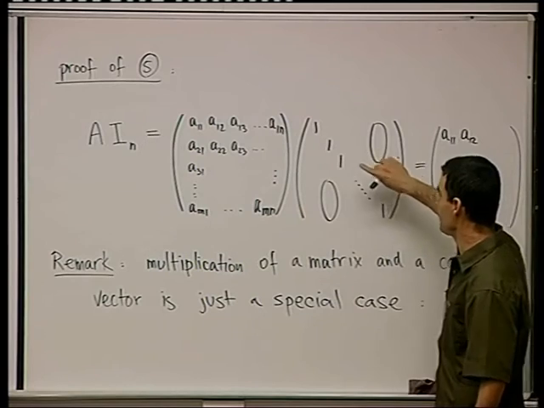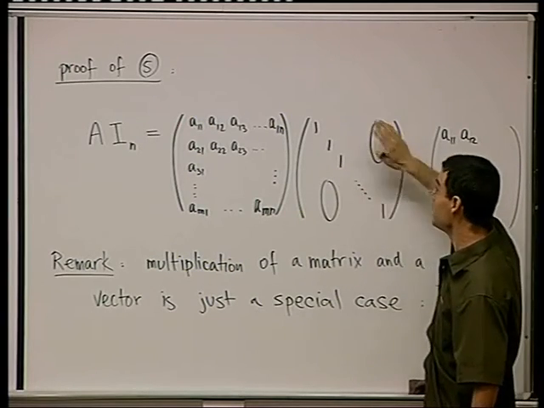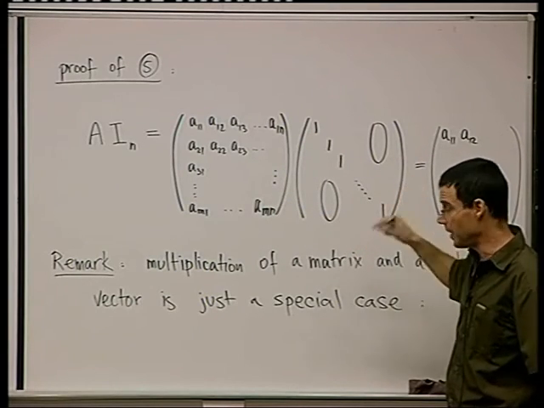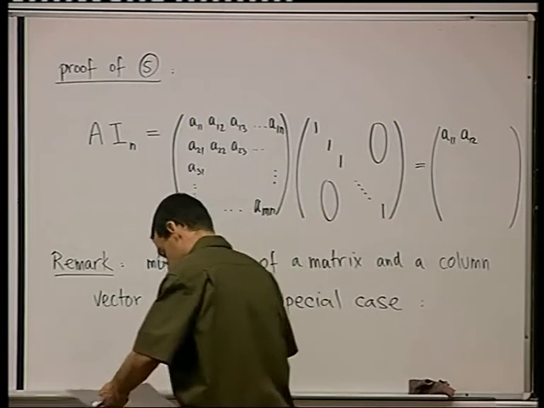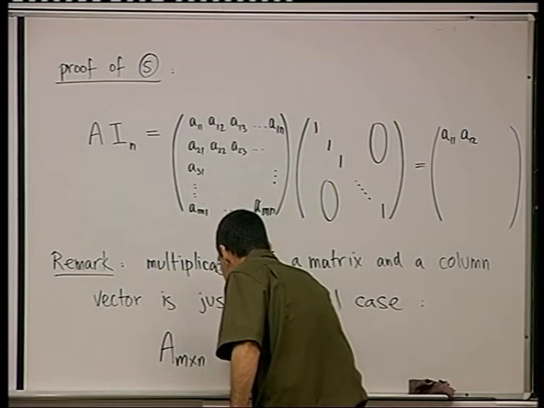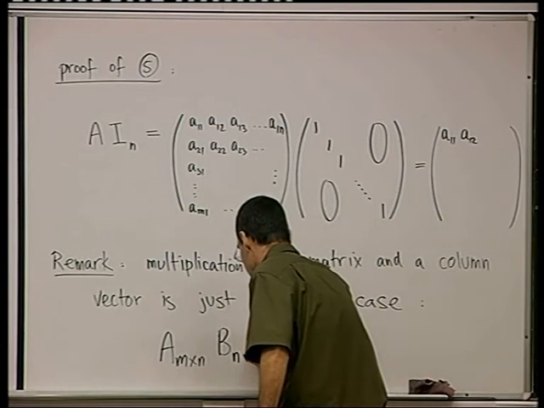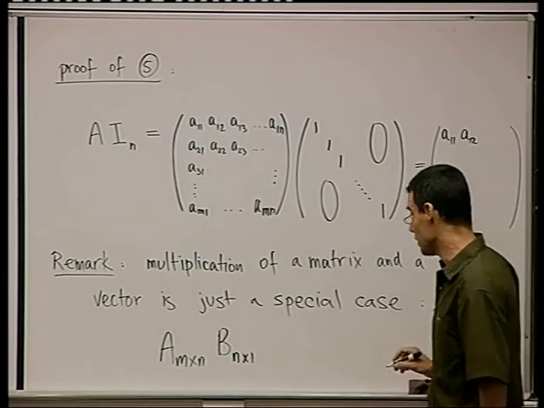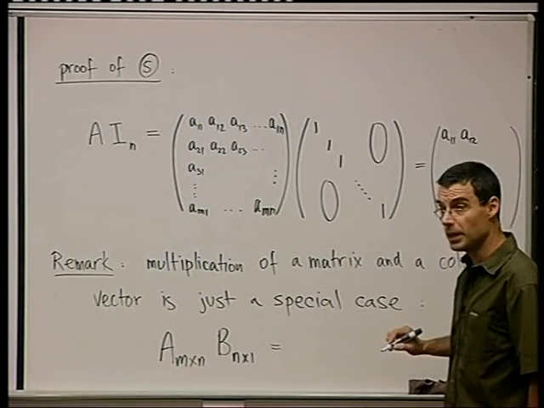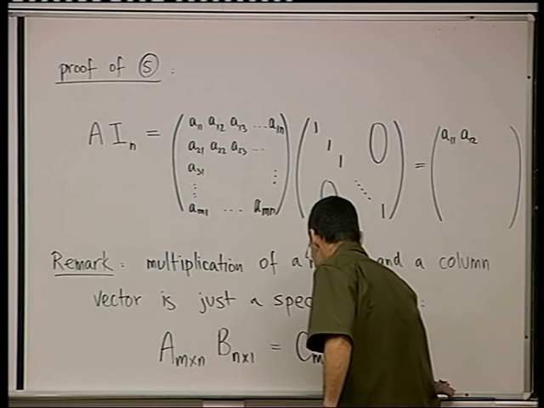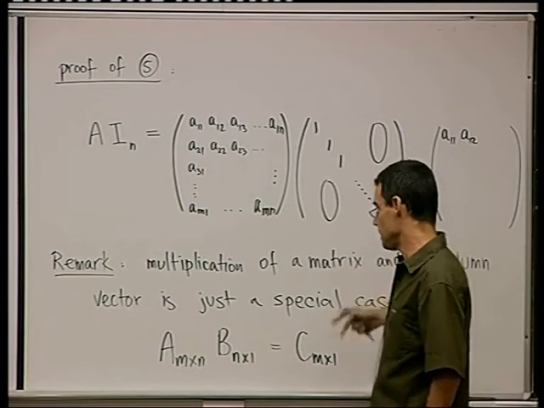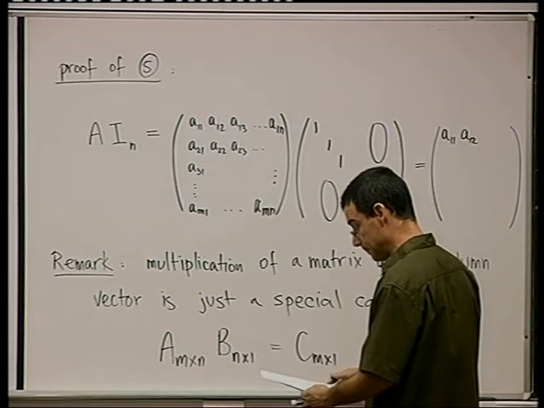In other words, if the matrix B only has one column, then it's fine. You can still do the matrix multiplication and everything is defined exactly the same way. So it would be something of the form A, m by n, A can be general, then B is going to be the column vector, so it's going to be n by 1, right? It's only going to have one column. And the result is going to be what? Again a column vector of size m, C, m by 1. Do you agree? Okay, so this is just an observation because it's going to play a very important role later.